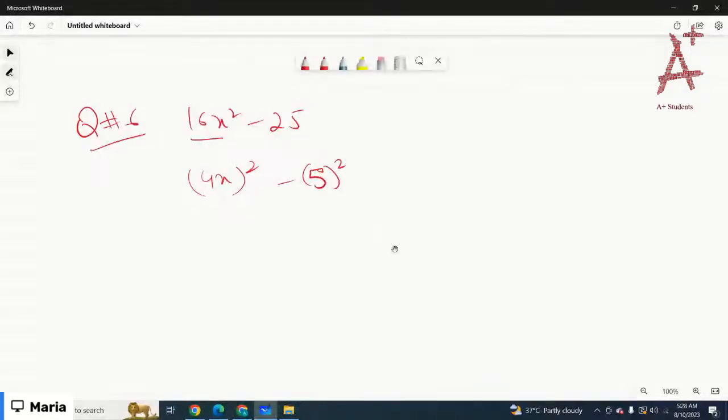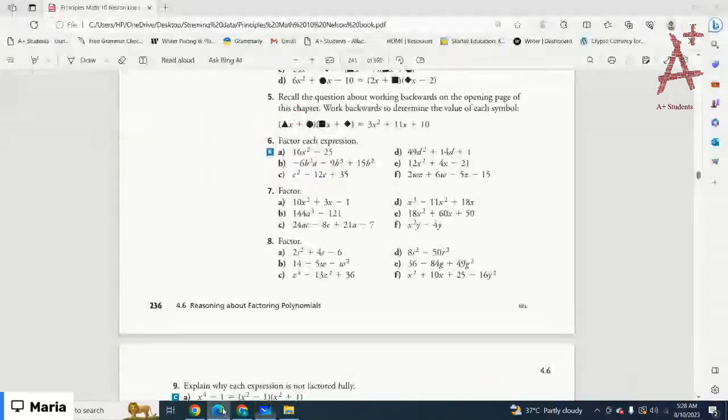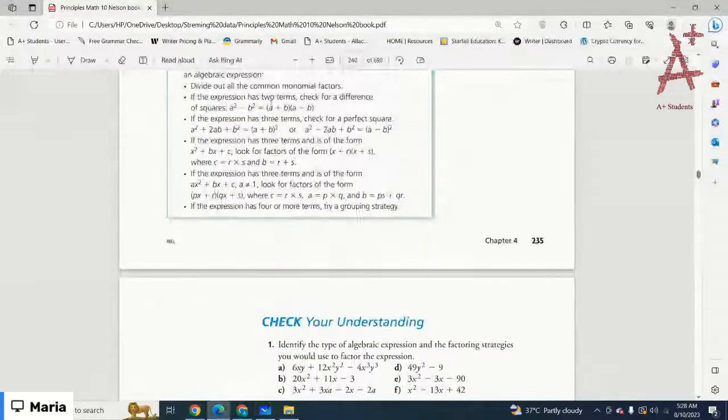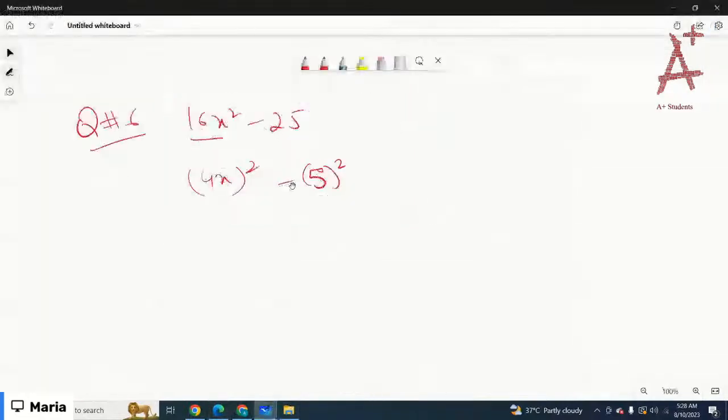In the explanation you can see, if the expression has two terms, check for a difference of squares. Both terms are squares. a squared minus b squared, so you can write them as a minus b and a plus b, right?